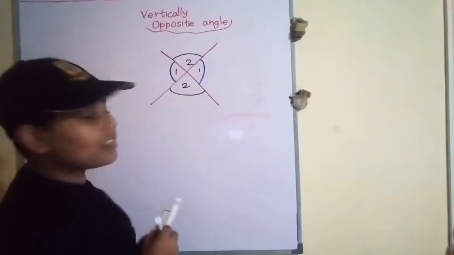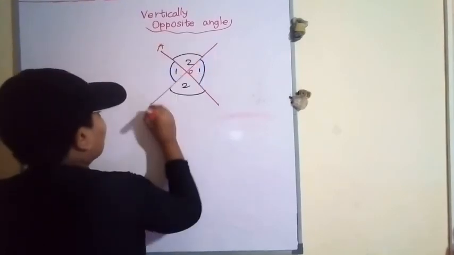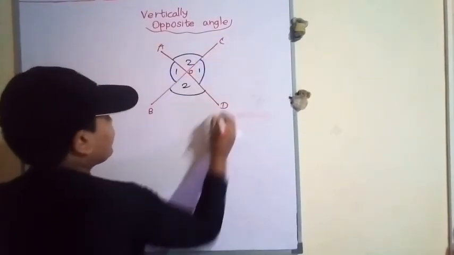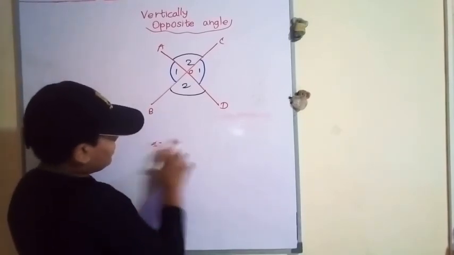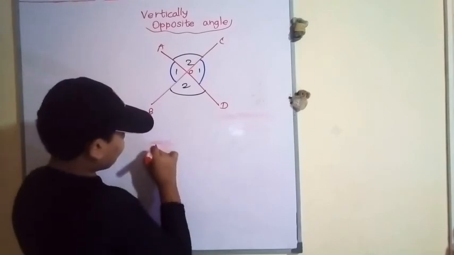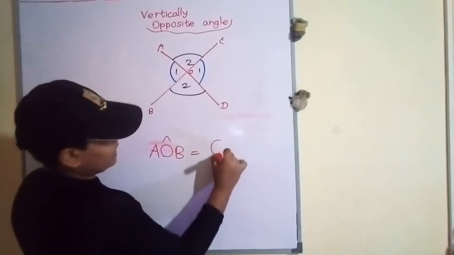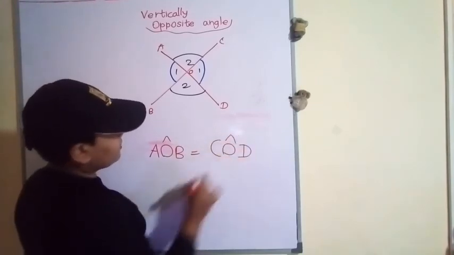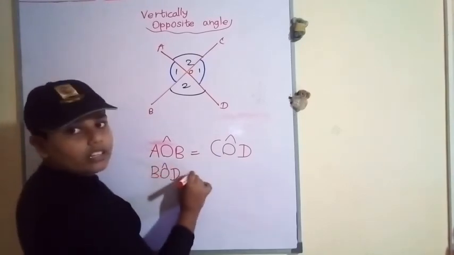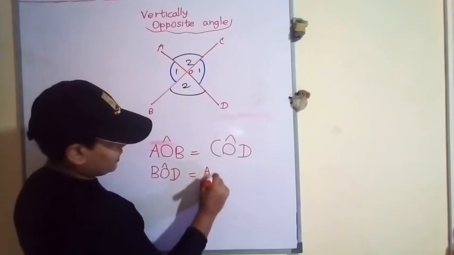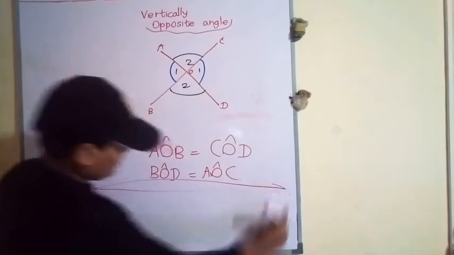Now this is A, this point is O, B, C, D, right? Now you can name AOB, vertical to COD. You can name this as BOD, vertical to AOC.